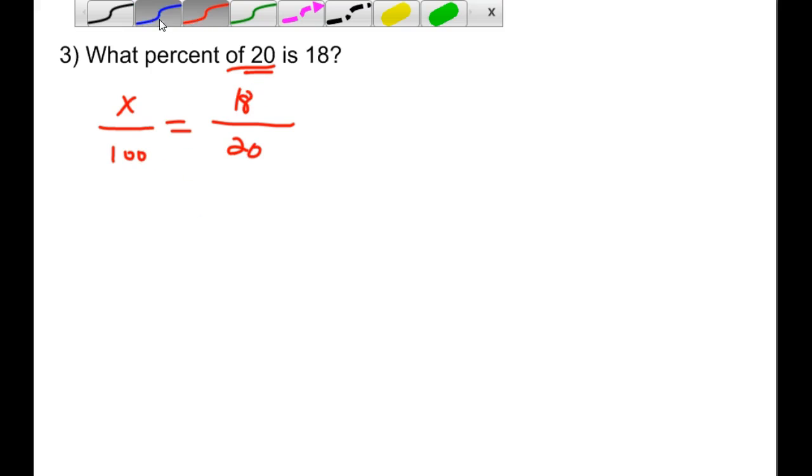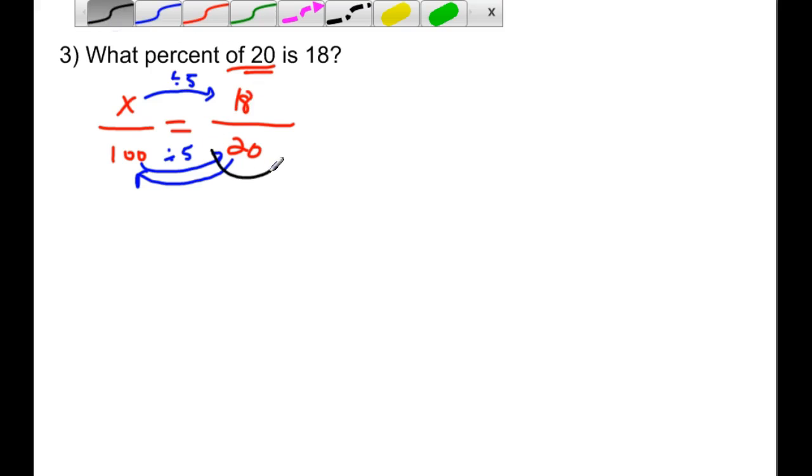So equivalent fractions, if you took this and divided it by 5, you get 20. So that means some number divided by 5 will be 18. Okay, or you can do the opposite. If you took this and multiplied by 5, 20 times 5 is this, so 18 times 5 is going to be your answer. 18 times 5, I think, is 90, so it's probably 90.